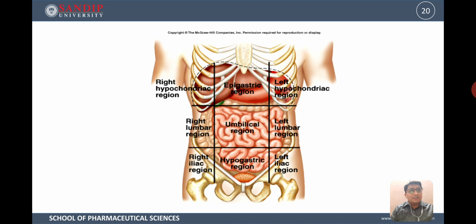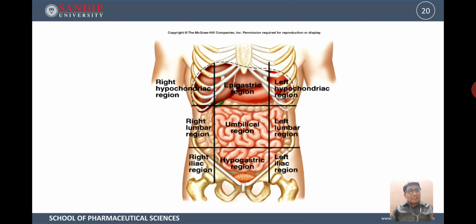In the middle there is the epigastric region, umbilical region, hypogastric region. Then right lumbar region, left lumbar region, right iliac region and left iliac region.